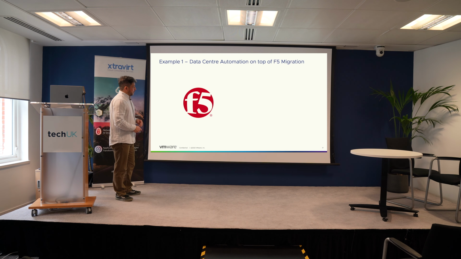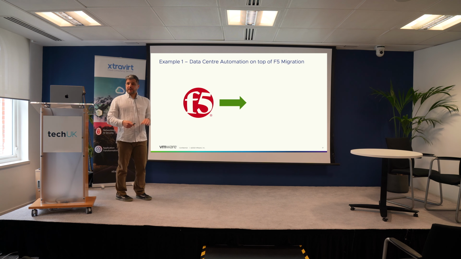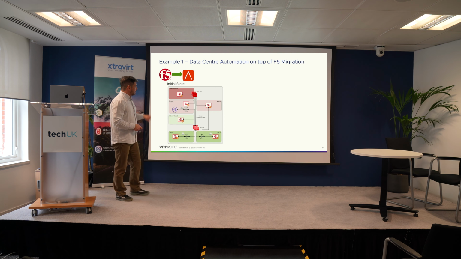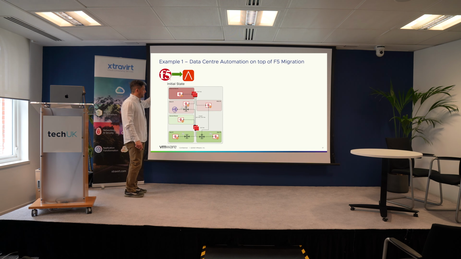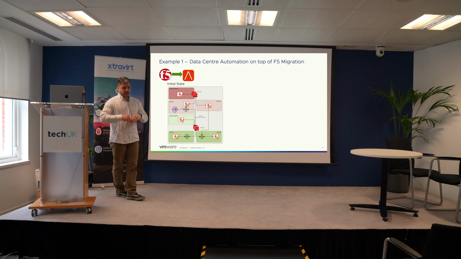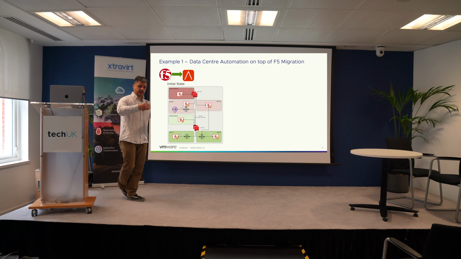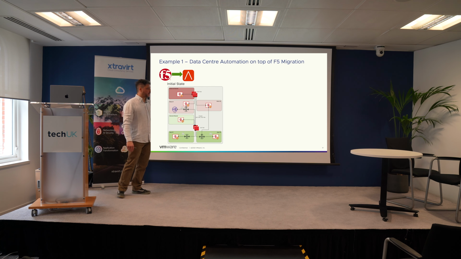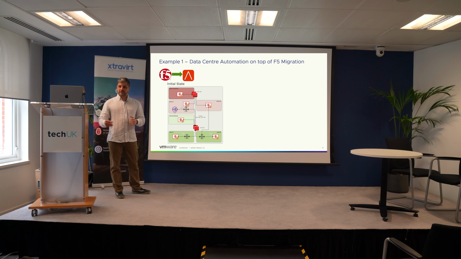So this started as an F5 migration to Avi. The initial state for them was that they had multiple zones where they had an external shared zone, the external services that were shared across the multiple companies that they had. Then they had 2 web servers, one of them based on Kubernetes, the other one traditional servers.